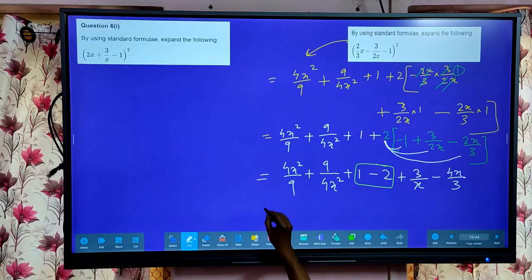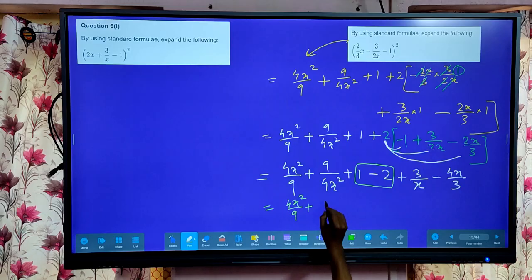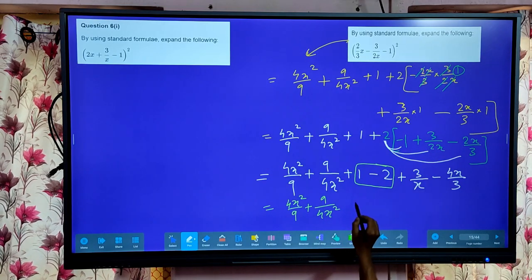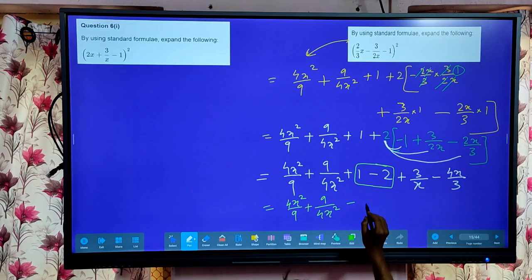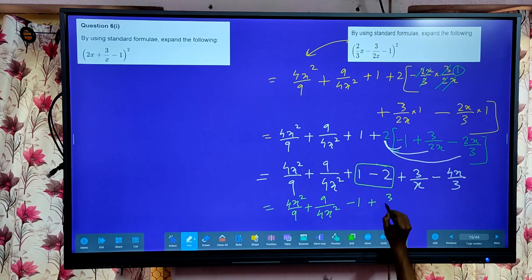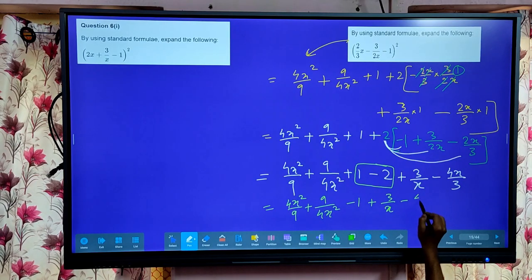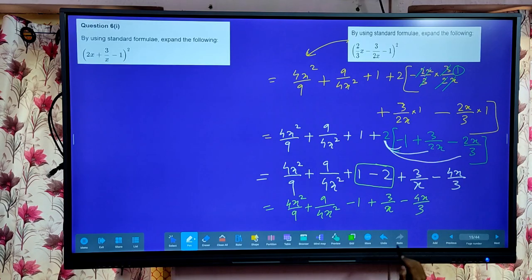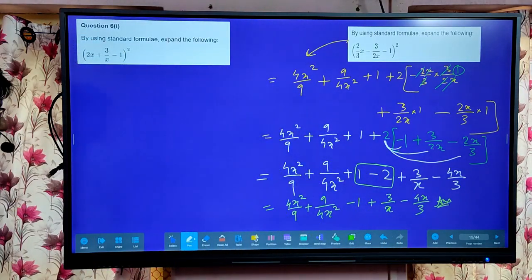It will be 4x square by 9 plus 9 by 4x square, and it will be minus 1 plus 2 minus 1, minus 2 is minus 1, plus 1 minus 2, so minus 1 plus 3 by x minus 4x by 3, that will be the answer. Okay, that will be the answer.